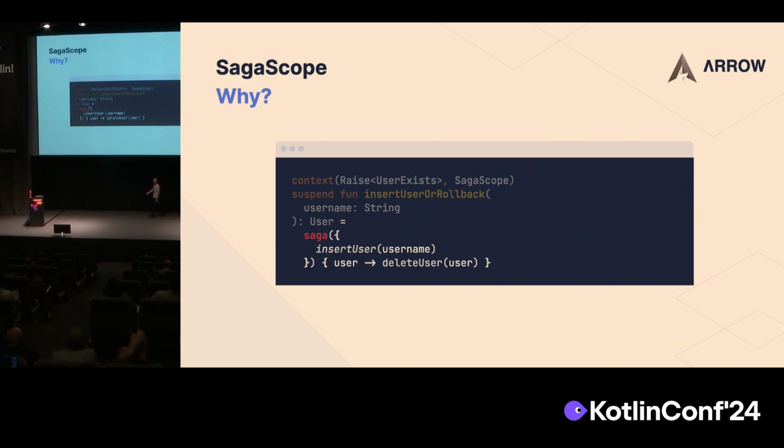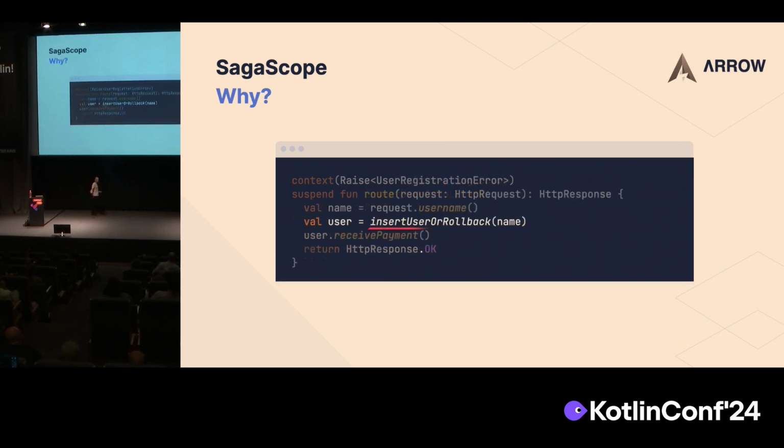The first lambda is the code that we want to execute, and the second lambda is the rollback or the compensating action. So in case our Saga DSL fails, the delete user function will run. Keep in mind here that this does not give you the same guarantees as a transaction, since the delete user function can eventually fail. But both Saga and transactions have a lot of trade-offs.